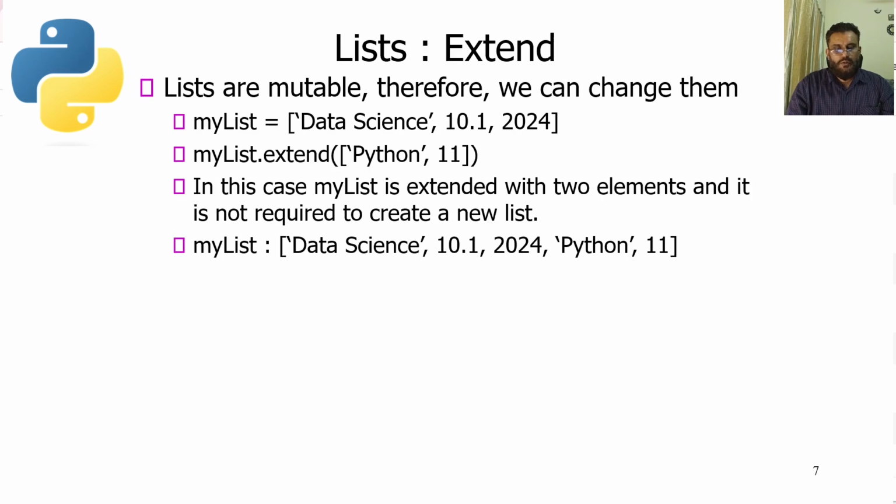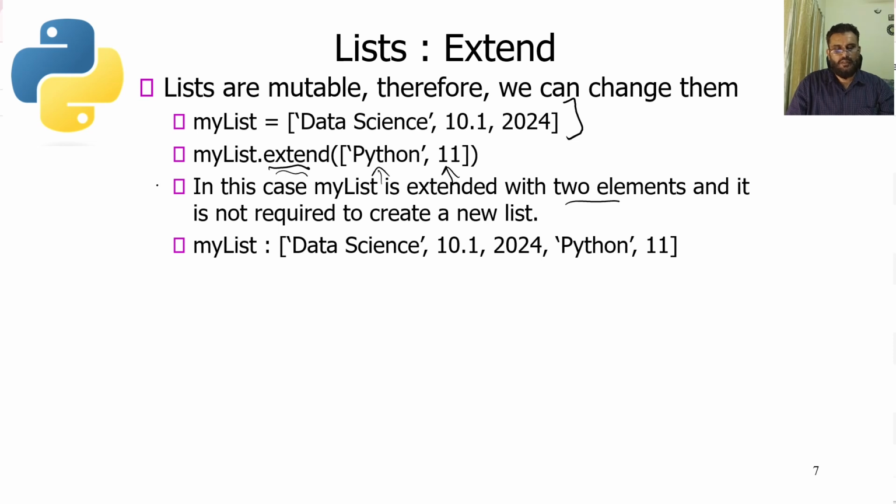Another very useful operation is extend. In this case, I don't need to create another variable for adding elements to an existing list. For example, I have this given list which has 3 elements, and if I make use of the extend operation, I pass this another list. So my list will be extended with 2 elements. What does it mean? These 2 elements given in this list will be stored as separate elements of the resultant list.